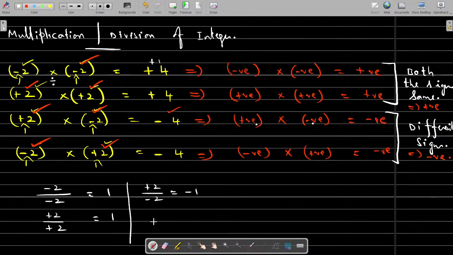It's minus 1. What is minus 2 divided by plus 2? Minus 1. So with division also, if both the signs are the same you get a positive value, and if both the signs are different you get a negative value. Is it okay? Yes, that's it. Over, with respect to multiplication and division of integers.